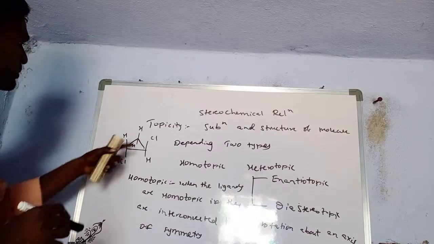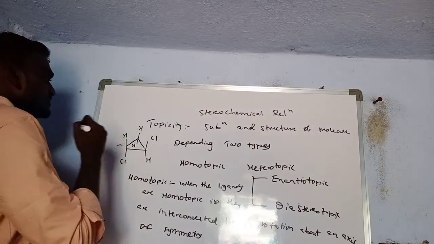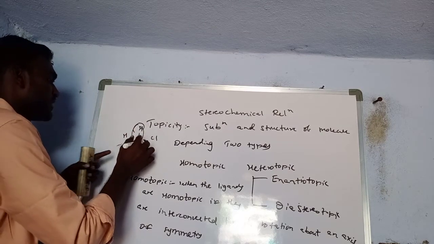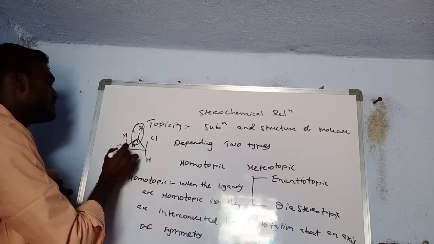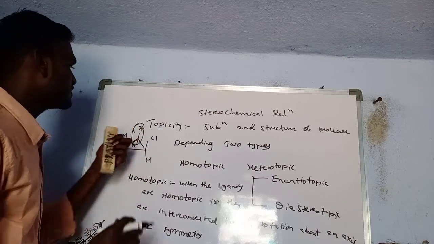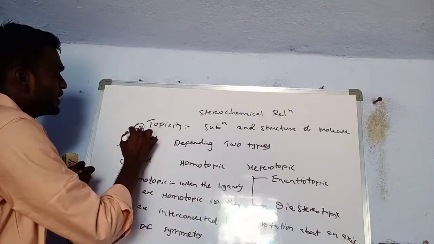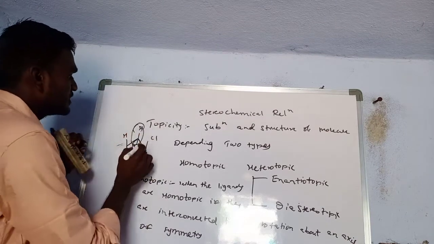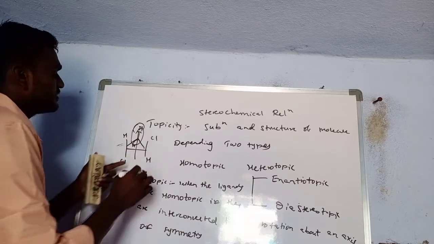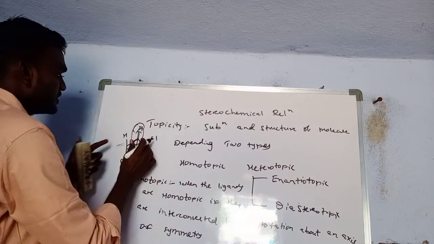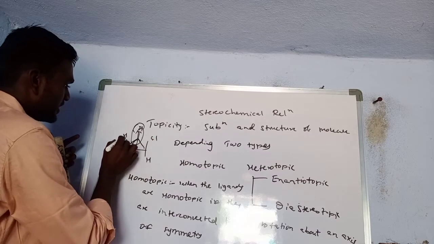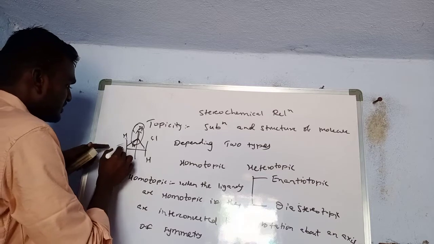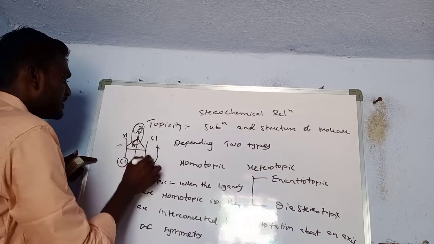See here, the chemical environment of these two protons, these two hydrogens, is the same. Why? Because this carbon is attached to chlorine and this carbon is also attached to chlorine. So the chemical environment of these two hydrogens is similar, and if we interconvert through an axis, the chlorine will come to here and the hydrogen will move to here, and in the same way this chlorine moves to here and this hydrogen moves to here.